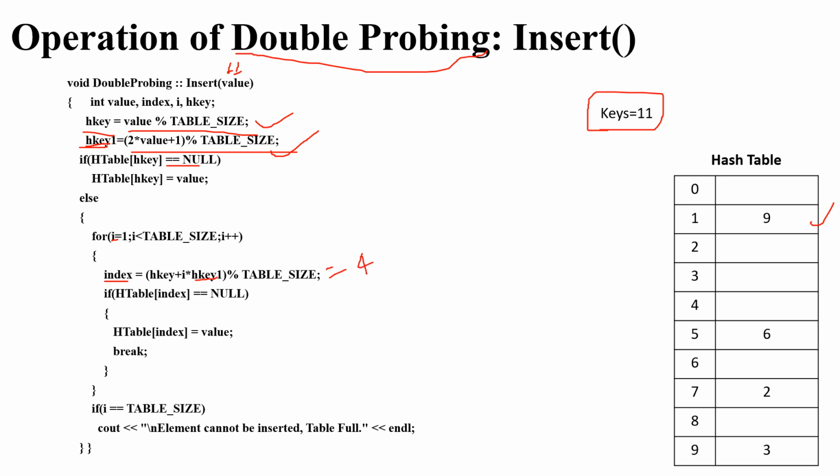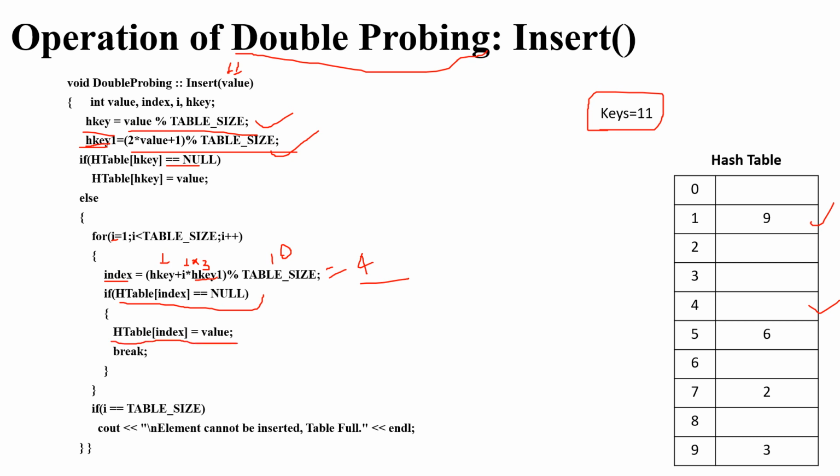Here H(key) value is 1, H1(key) value is 3, and I value is 1. So 3 into 1 is 3, plus 1 is 4, modulus 10. So the value we get is 4. Now the condition checks whether the fourth index is free. Yes, this is free.